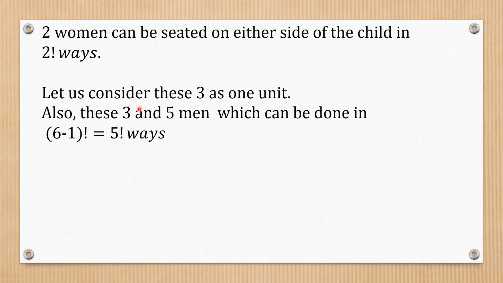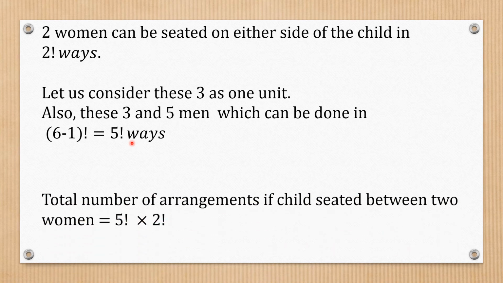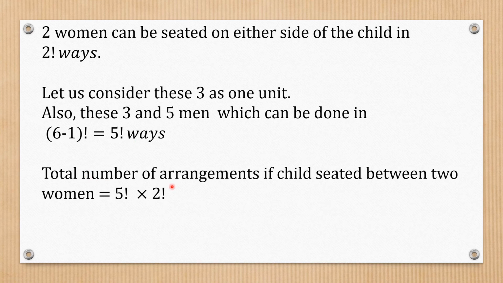Okay, because we have considered these 3 as 1 unit, so the total will be 6. We can arrange among themselves in (6 minus 1) factorial, which equals 5 factorial ways. Therefore, the total number of arrangements if the child is seated between two women will be 5 factorial into 2 factorial. So the answer will be 120 into 2, which equals 240 ways.